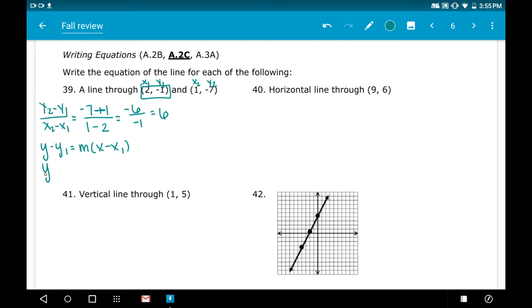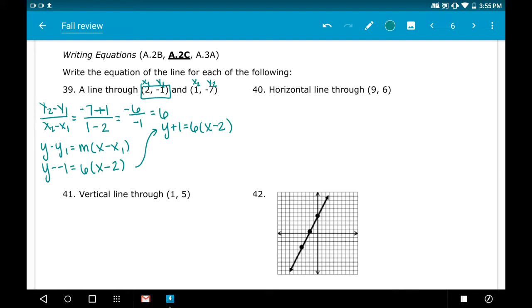I get y minus -1 equals our slope of 6 times x minus our x1, which is 2. Minus a negative becomes a plus, so it's y plus 1 equals 6 times x minus 2.